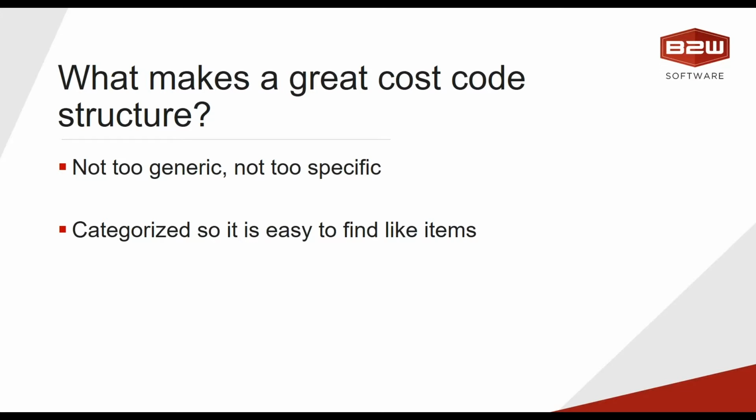For example, if I have a header for 10,000 and I know that anything under 10,000 is general site conditions or mobilization, and everything at 20,000 is going to be some version of earthwork, I can look at a code and understand what it is without having to memorize 99 things.